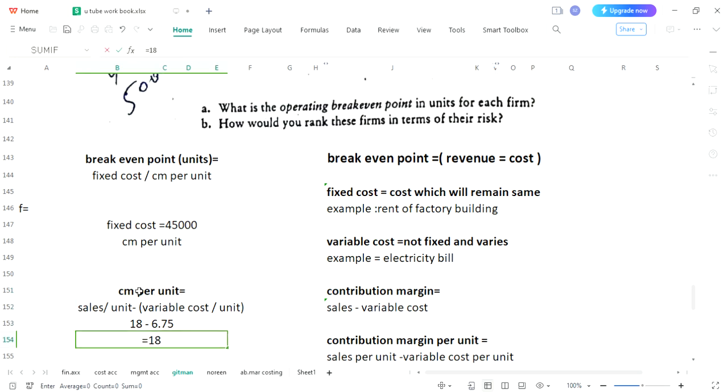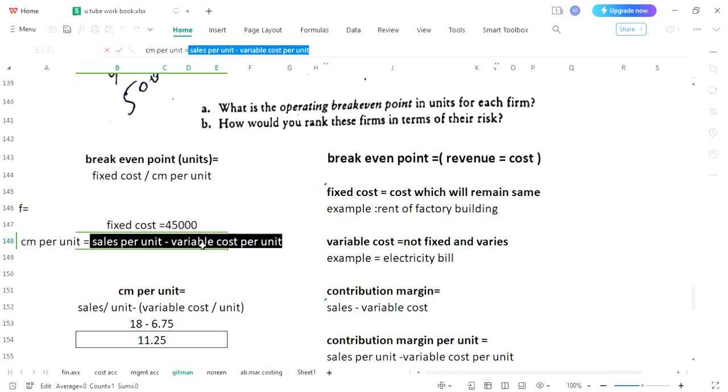We can now put it on our calculator. 18 minus 6.75. So we have got our answer, CM per unit, and that is 11.25.